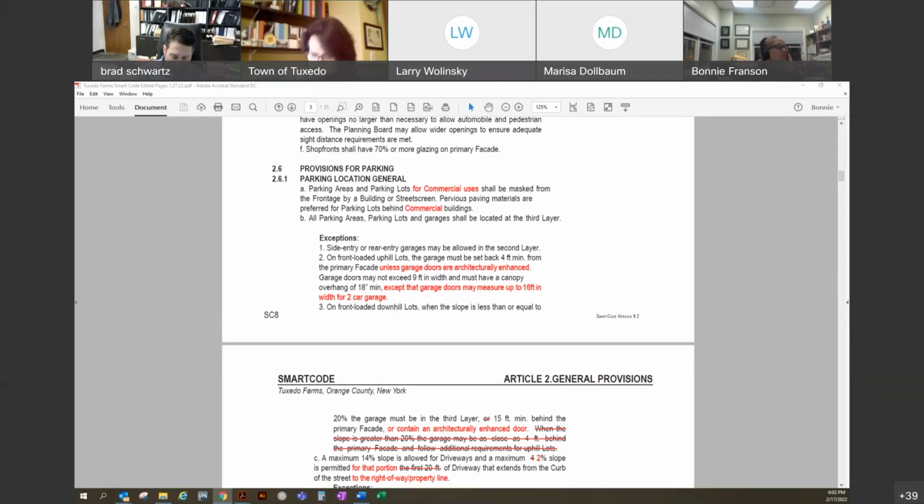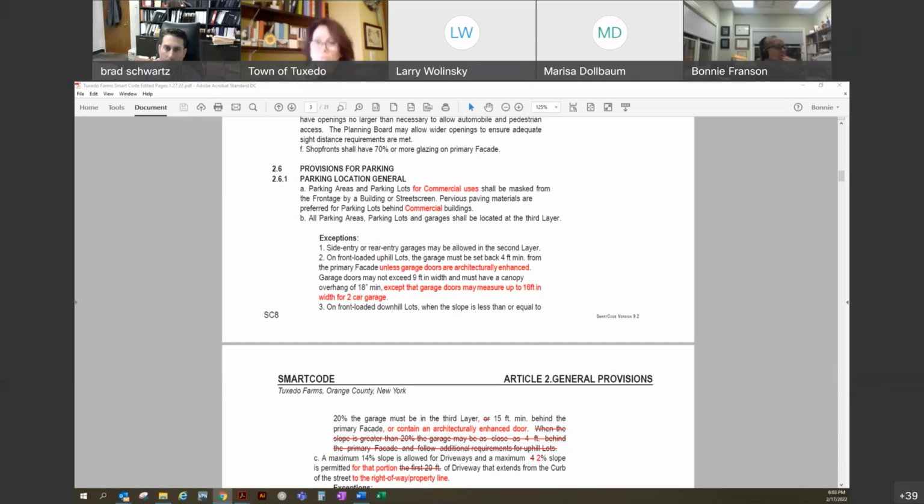So I expect that we will continue to go down that road that we've already started going down, and working on further language changes based on this conversation tonight. Take another look at this and see if it jumps out as serving the intent and guidance that it needs to. I don't think it's contemplated at this point that there's going to be a new document or a new set of design guidelines drafted.